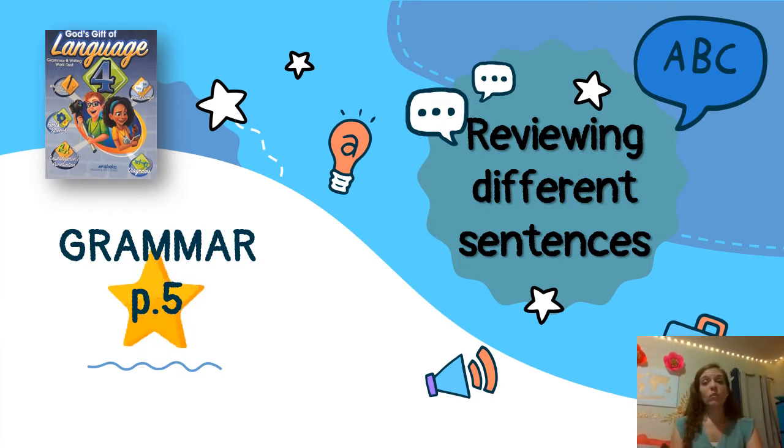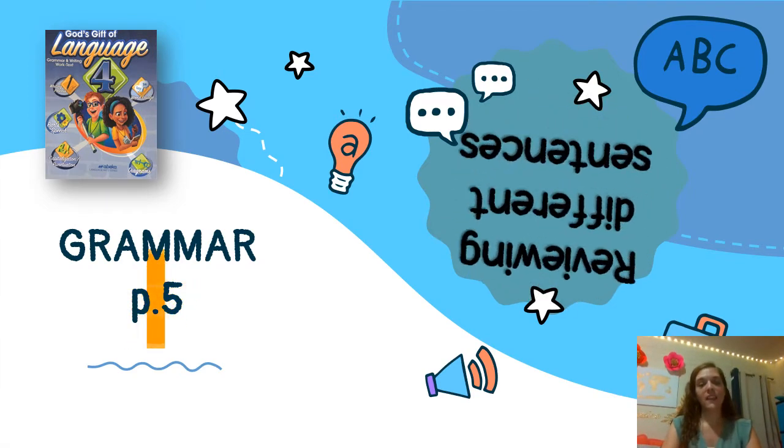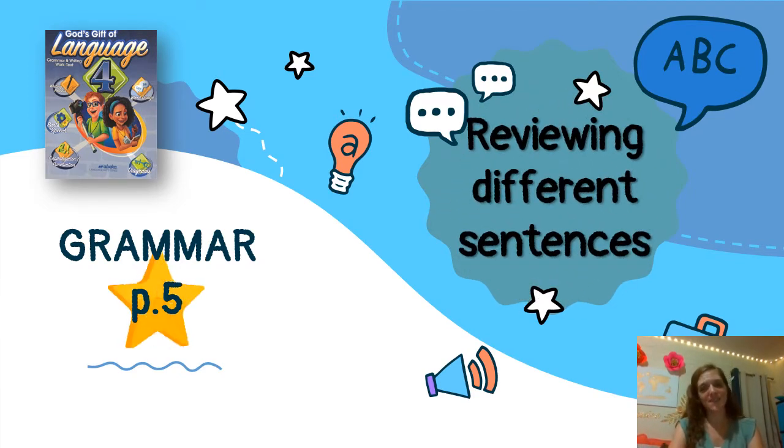So today we're going to be reviewing different types of sentences. This is a whole review page, you guys, okay? Which is super good because it helps you remember concepts that you've learned so that you can reinforce them. Repetition is the key to learning something, okay? So let's do it. There we go, reviewing sentences.